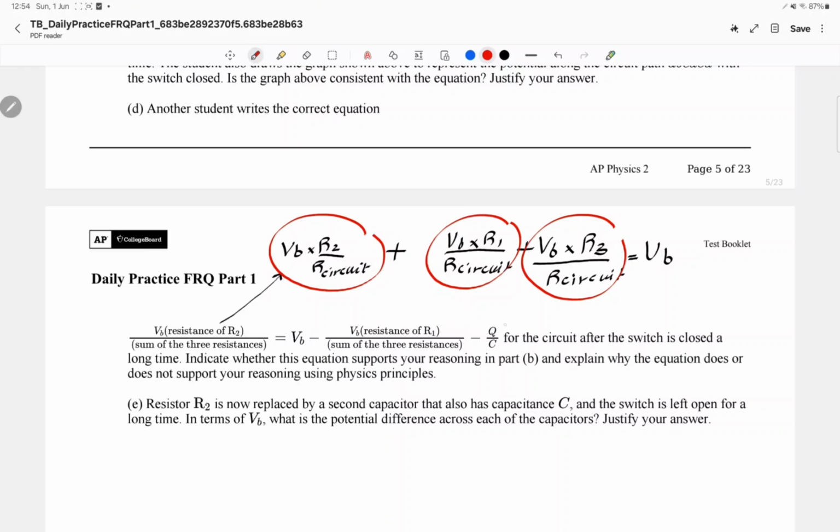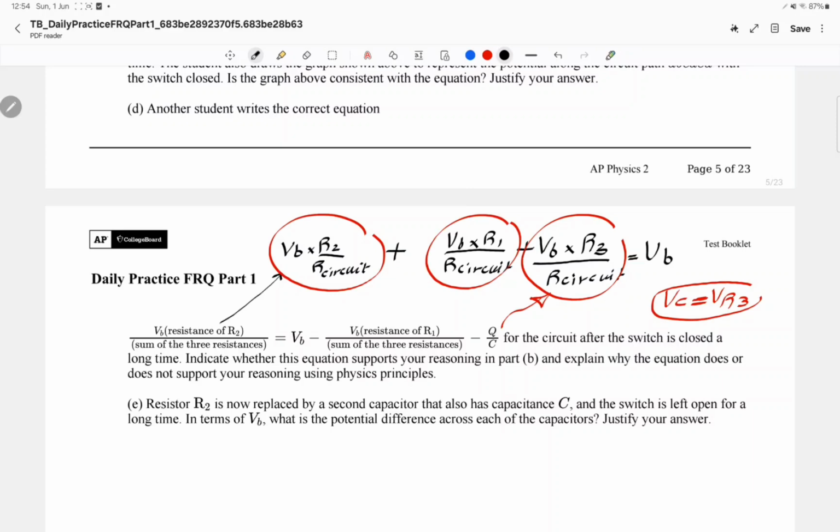Like I said, the voltage across R3 is the same as the voltage across the capacitor. They have the same voltage as each other because they are in parallel with each other. So the equation is consistent, right? The equation is good, right?